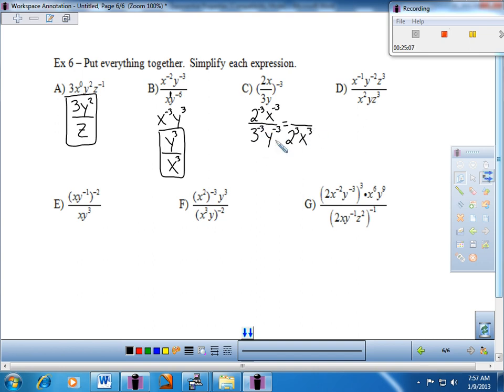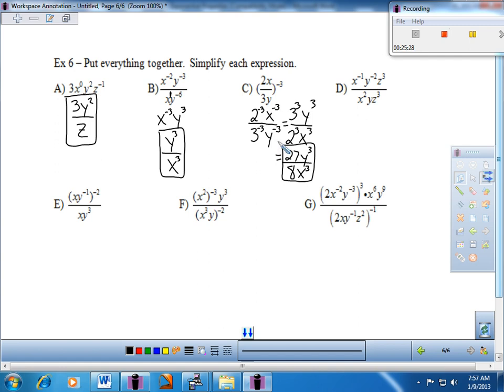And if it's in the denominator with a negative exponent, it goes to the numerator and becomes positive. There we go. And I would probably just work with the numbers a little bit. If you left it like that, it's not a big deal. But I would probably write this as 27y to the third over 8x to the third.